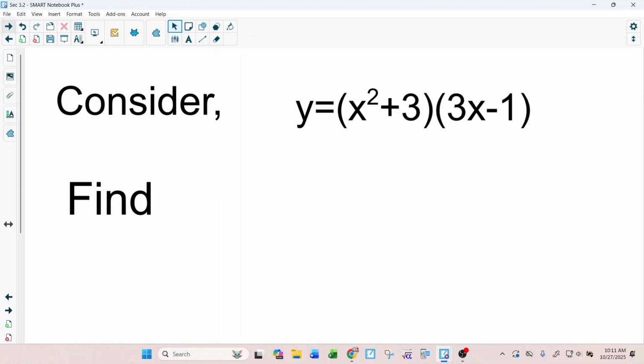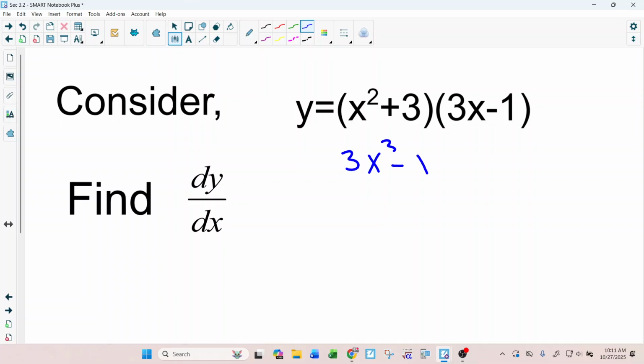So to kind of get us going for it, let's consider this function: x squared plus 3, times 3x minus 1. Now, to kind of show you where we're going here, I'm going to FOIL this out. So if I FOIL this out, I will get 3x cubed minus x squared plus 9x minus 3.